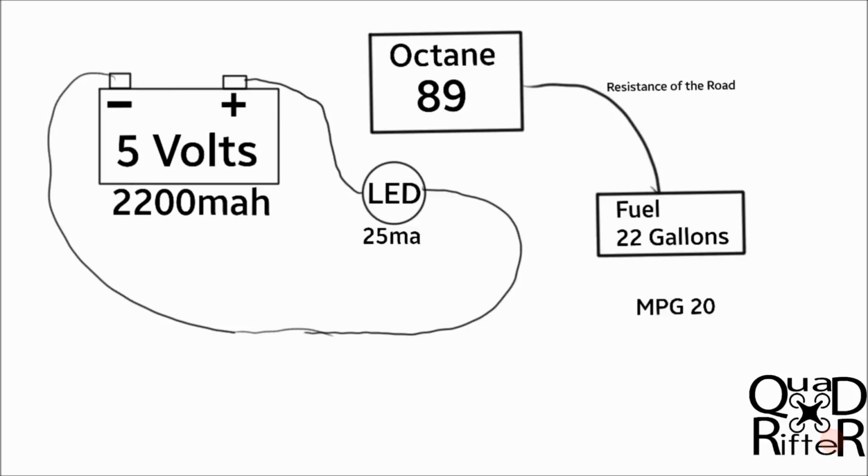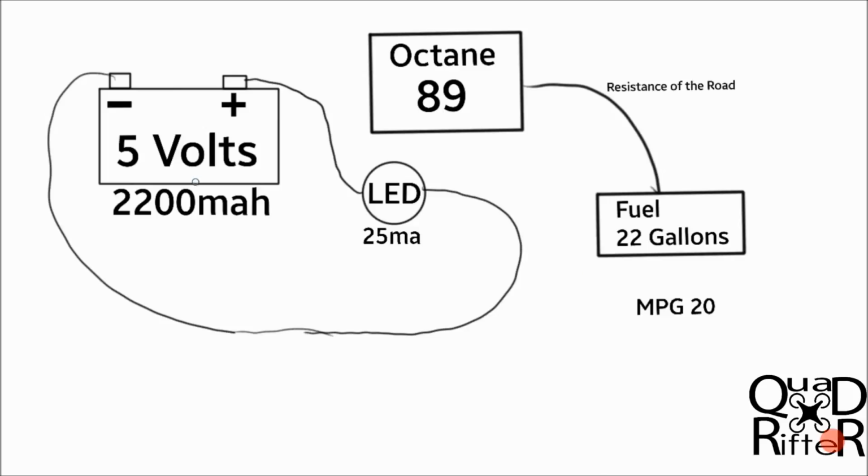So the more flammable, the bigger explosion, the harder it's going to propel your vehicle. So that's pretty much the power of your gasoline. The voltage is the strength of the current.